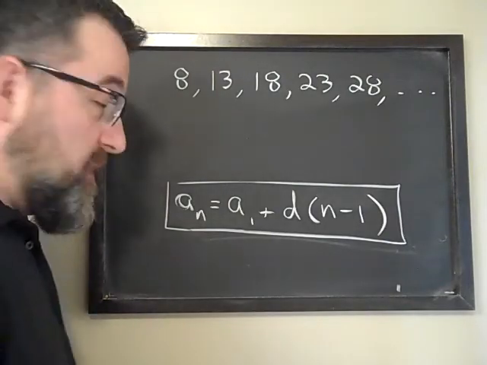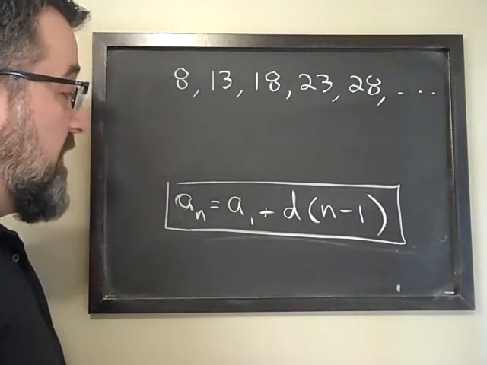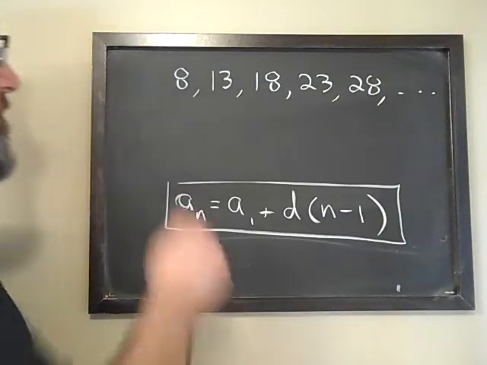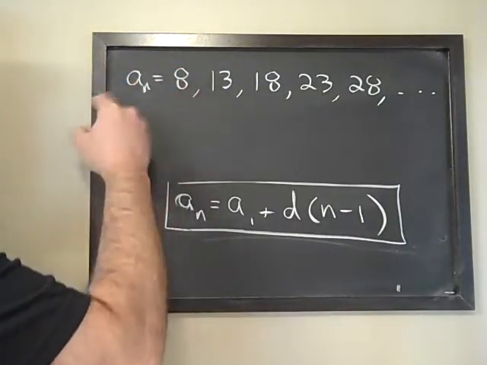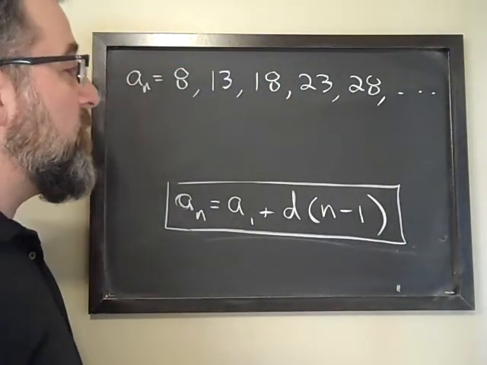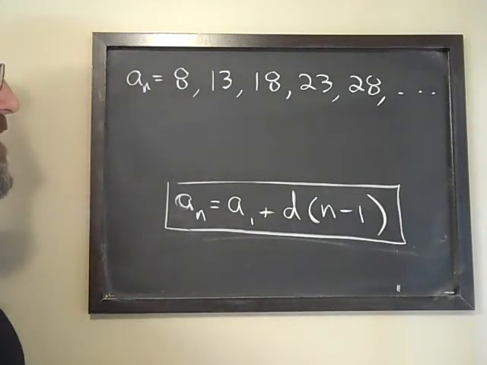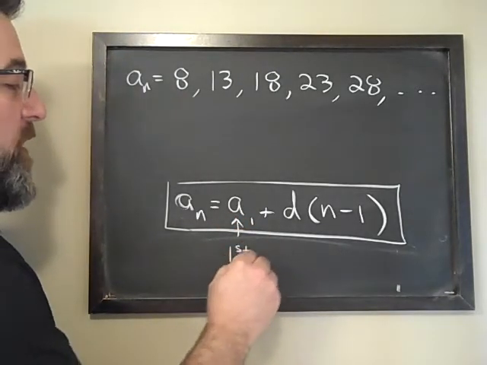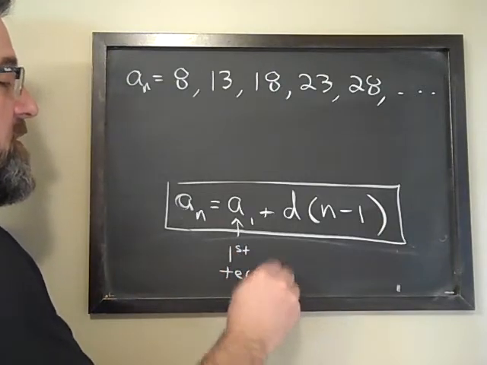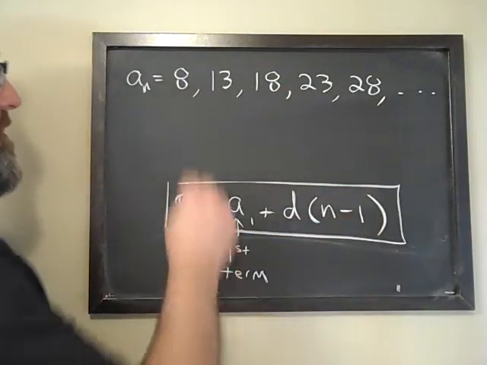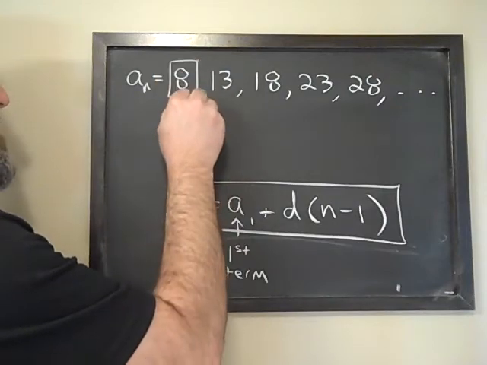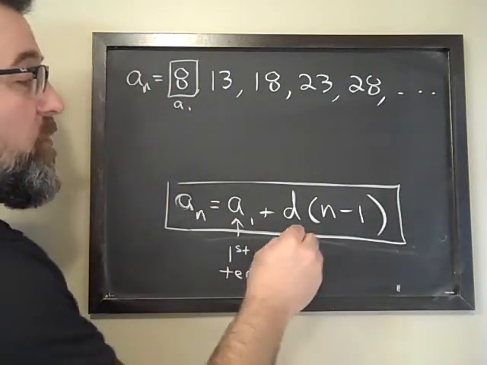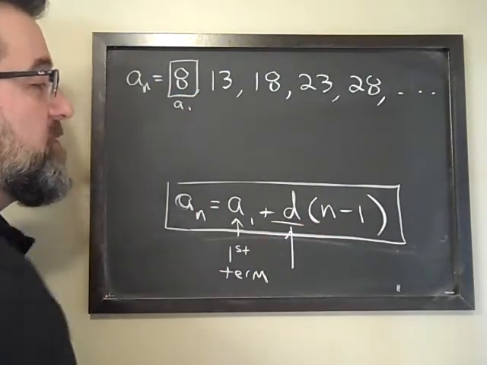And I'm asking you, what is the function for this sequence a sub n? I want the rule for the function. What is a sub 1? It's just whatever the first term is. So let's look at our sequence. What's the first term? The first term is 8. This is our a sub 1.